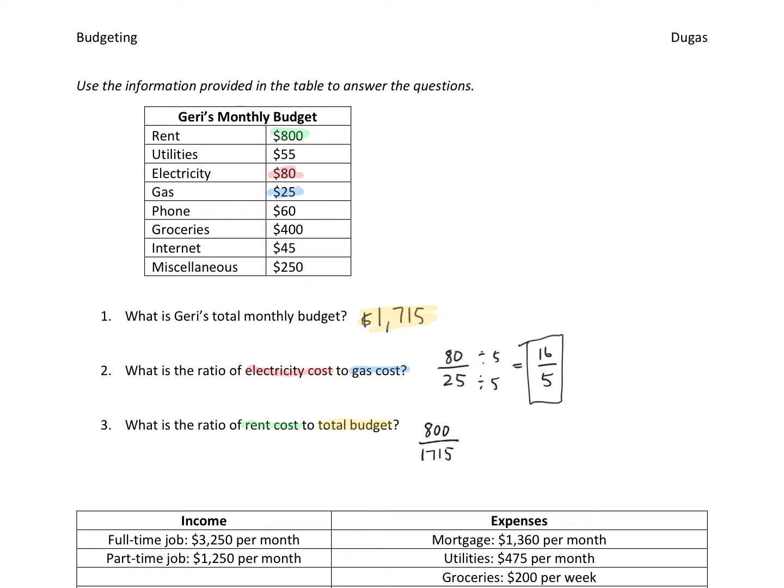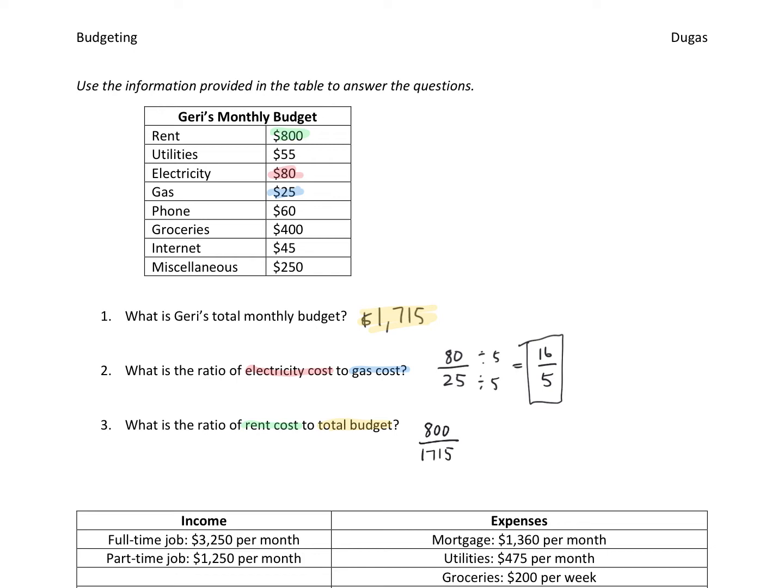So notice whatever they tell you first always goes on the numerator. So the electricity cost, since it was told first, went on the top. The rent cost went on the top. So it doesn't matter which one is bigger and which one is smaller. Whatever is said first goes in the numerator, and whatever is second or after the 2 goes in the denominator.